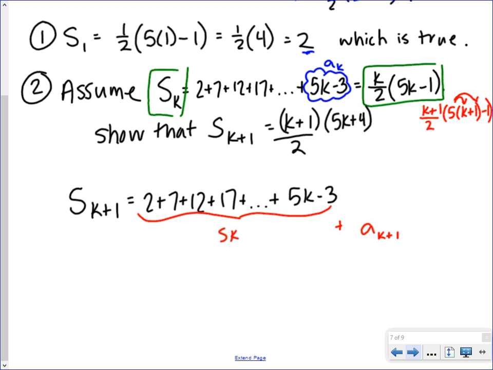Again, I'll do a little bit of work over here. 5 times k plus 1 minus 3. That's 5k plus 5 minus 3. So I'm getting plus 5k plus 2. Remember, this is the part where you use the rule for the sequence, not the rule for the series.